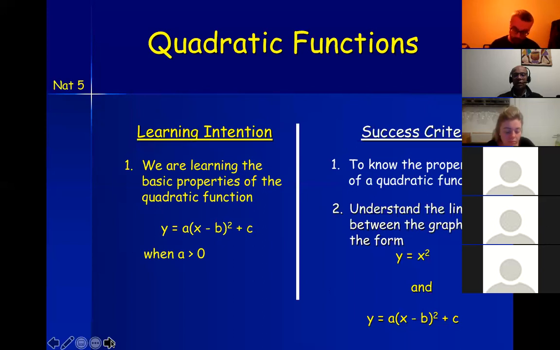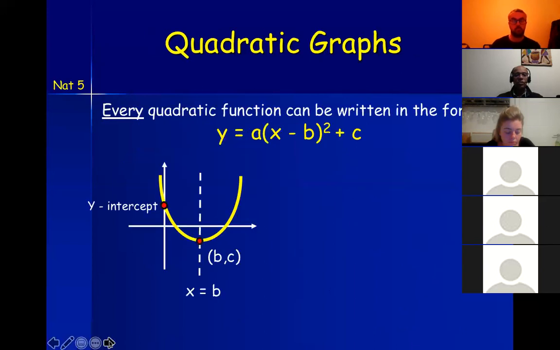And we're going to look at linking a y equals x squared graph to y equals a times (x minus b) squared plus c. And that's what we call the completed square form. So every quadratic can be written in this form, a times (x minus b) squared plus c.